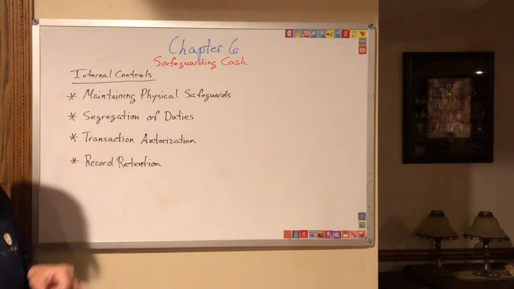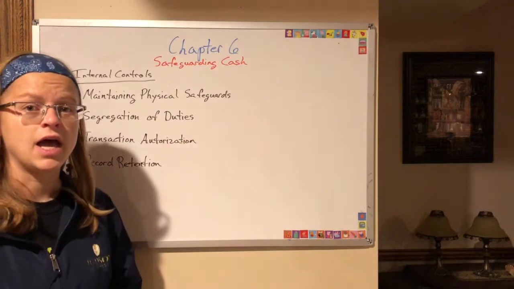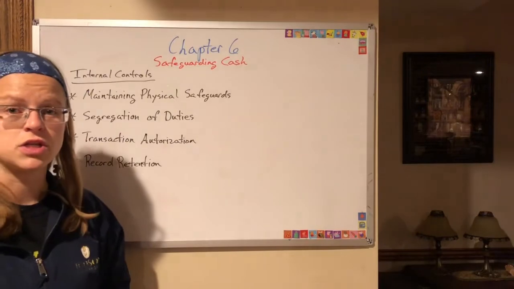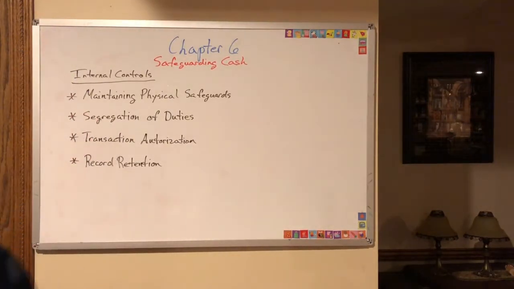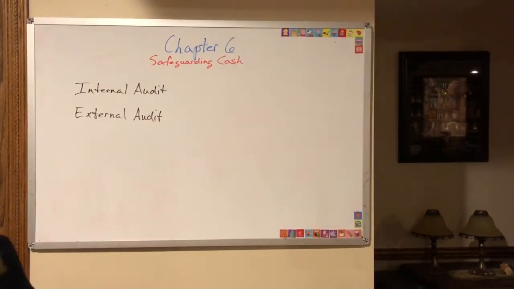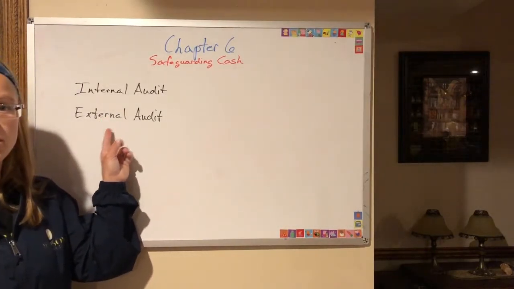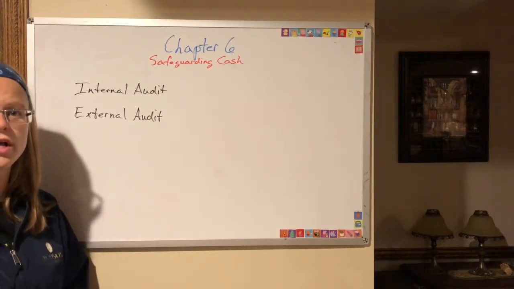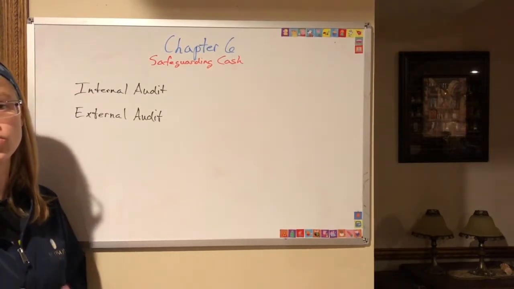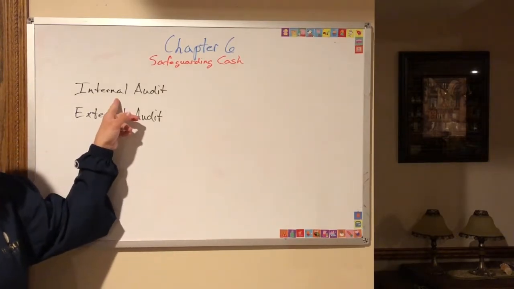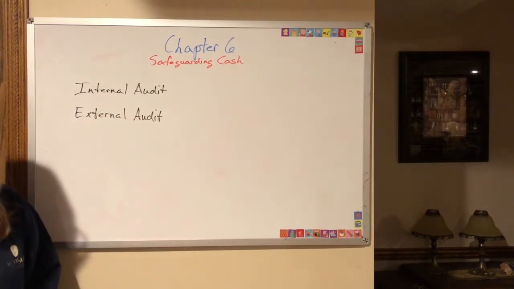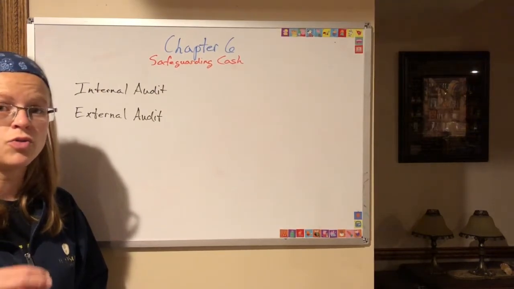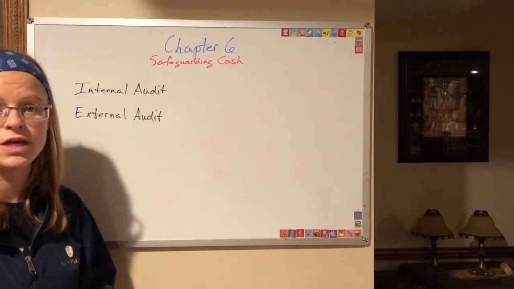So all of these are internal controls, and we're going to discuss external controls and how they safeguard cash. Another way of safeguarding cash is internal and external audits. An internal audit would be someone from within the organization that's not related to anything to do with the cash account.